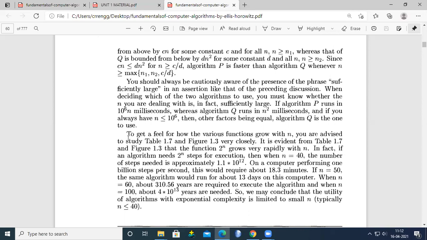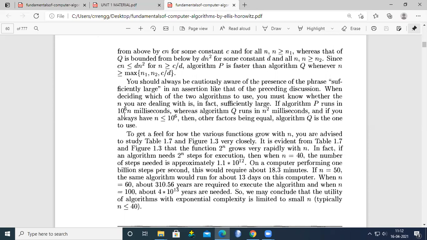Why? Just check the time requirement. Suppose algorithm P is 10 power 6 n milliseconds. Q runs in n square milliseconds. Now take some value which is less than or equal to 10 power 6. I am taking 10 power 4. Now substitute in the place of n.